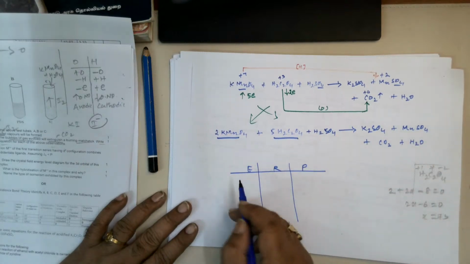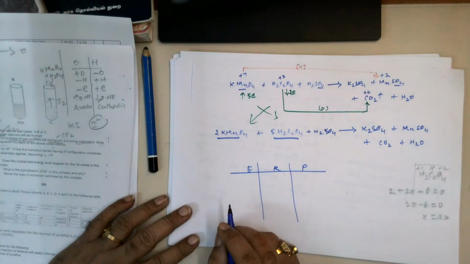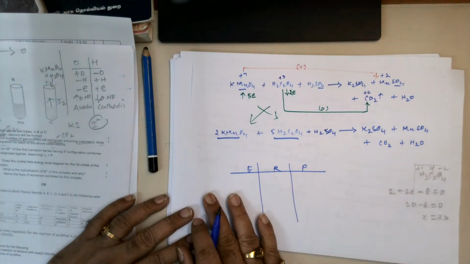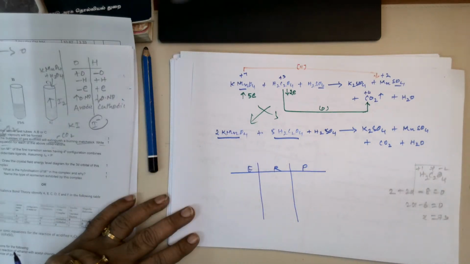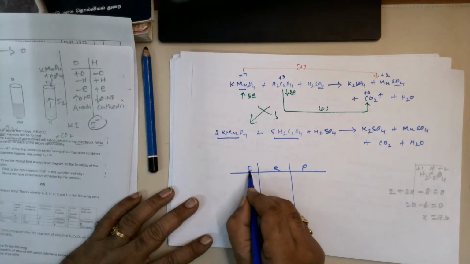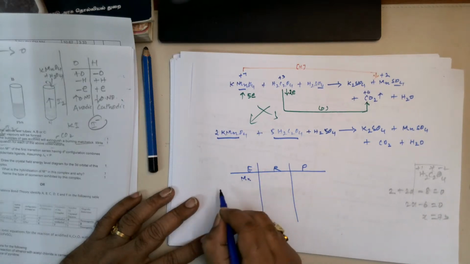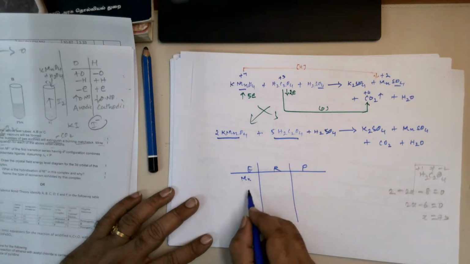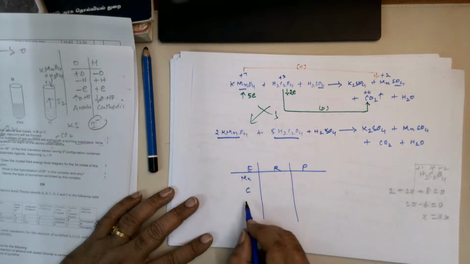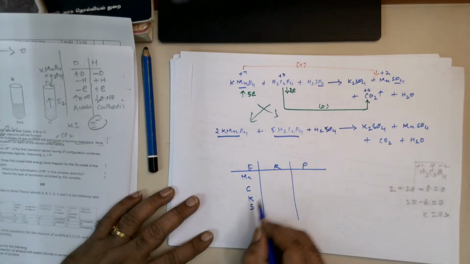Always give priority to cation followed by anion, and among the anions or cations, the one which is widely spread should be given least priority. So in this case, let me take up manganese, carbon, potassium, then sulfur, and then oxygen. Anything left over?